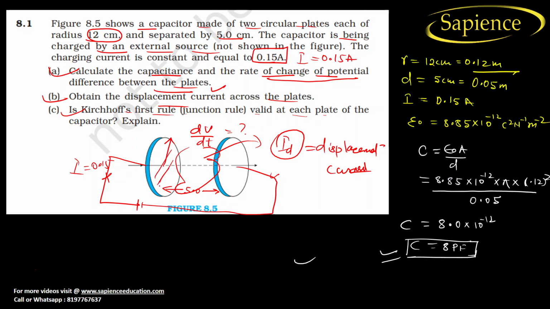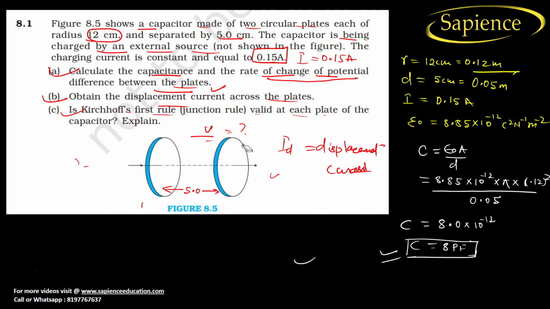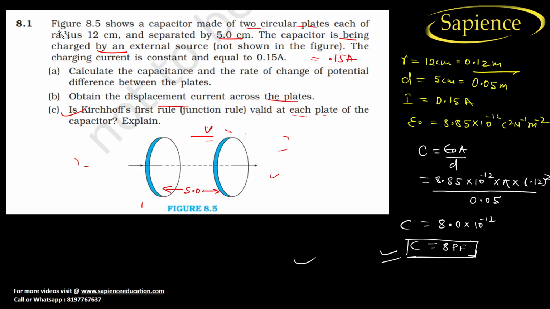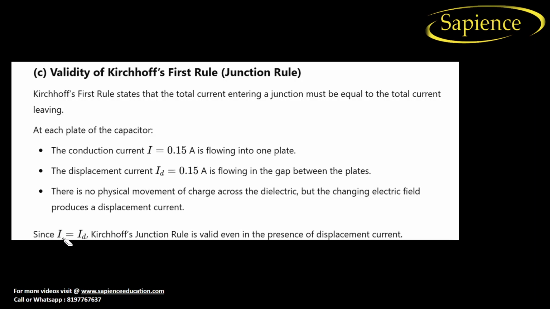So in each plate of a capacitor, is Kirchhoff's law valid or not? We need to write this. This is part C, so we will discuss part C of this question.